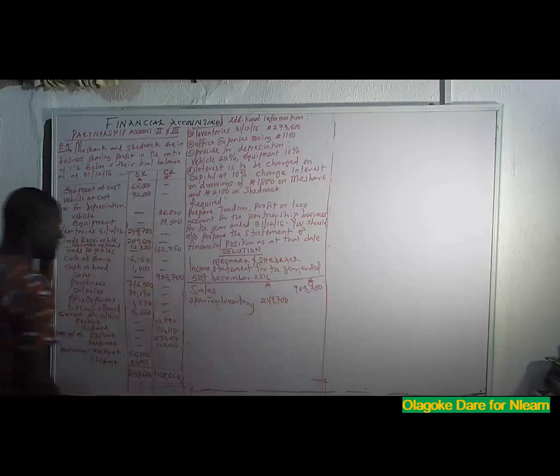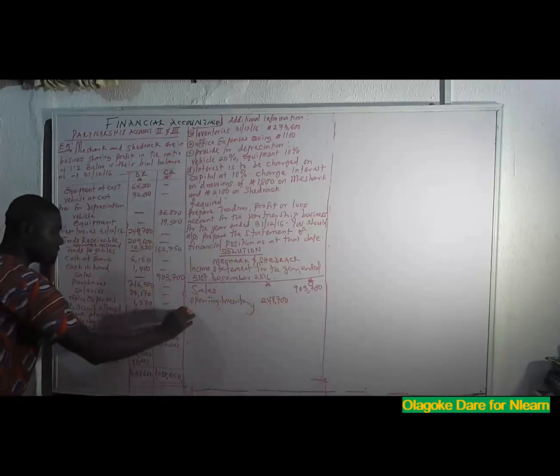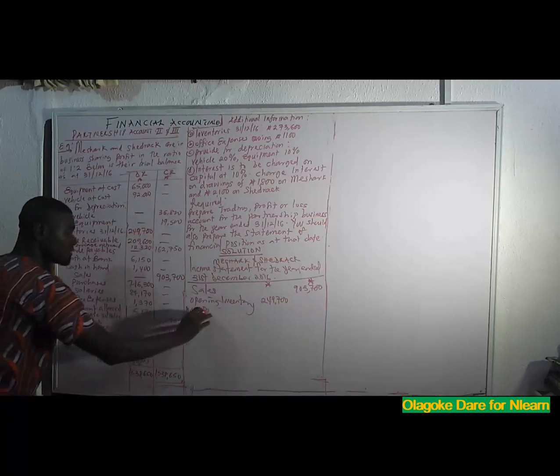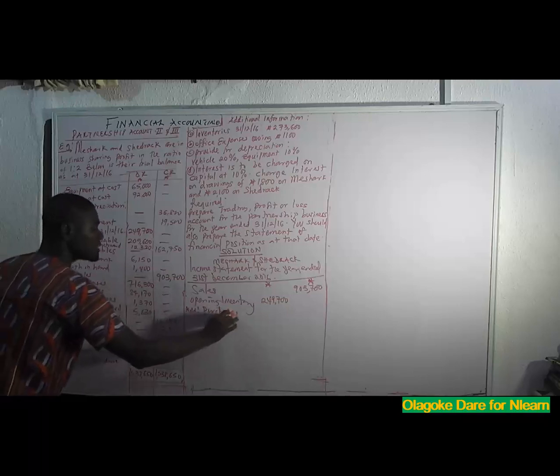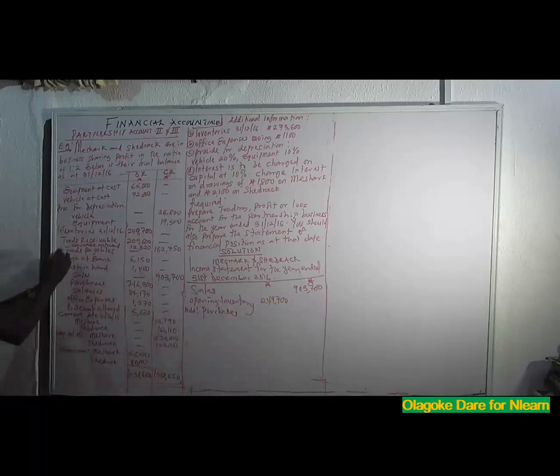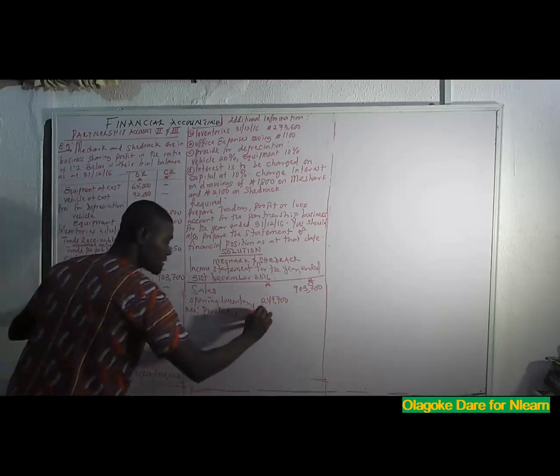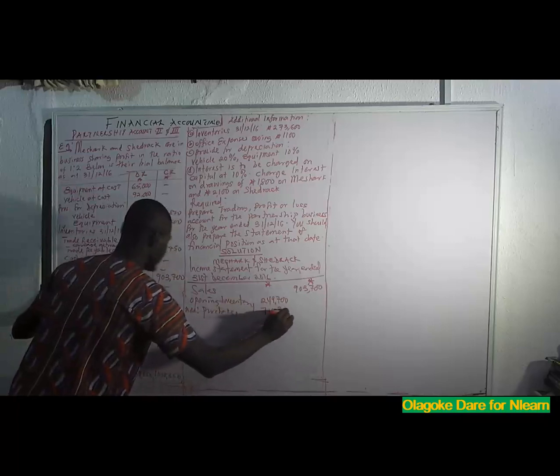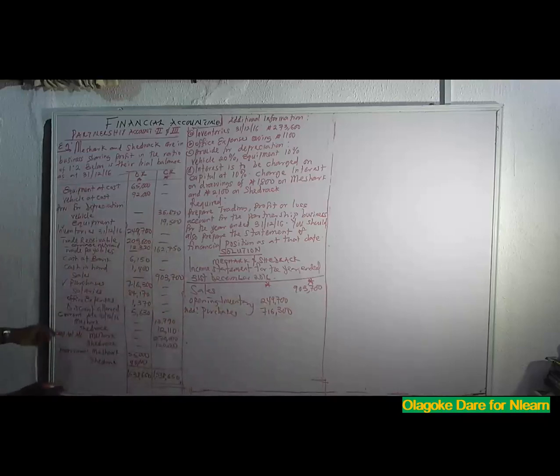That's our opening inventory. Then I add my purchases. Where's my purchases? This is my purchases, 716,300. Let's see, do you have any carriage inwards? We have carriage outwards. Any carriage inwards? Let's check. There's no carriage inward.